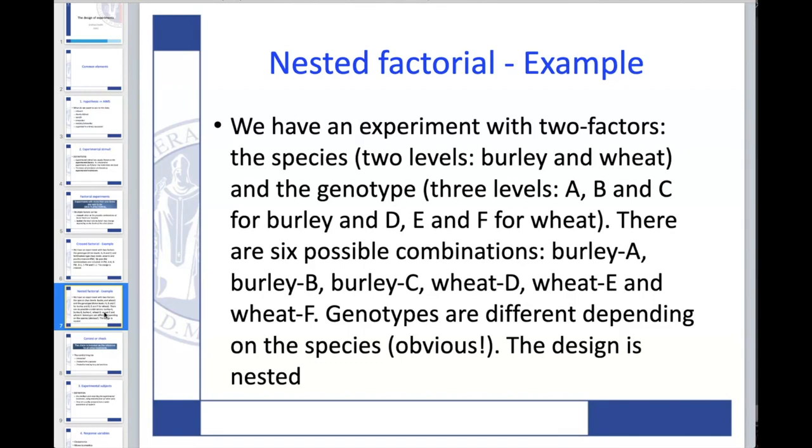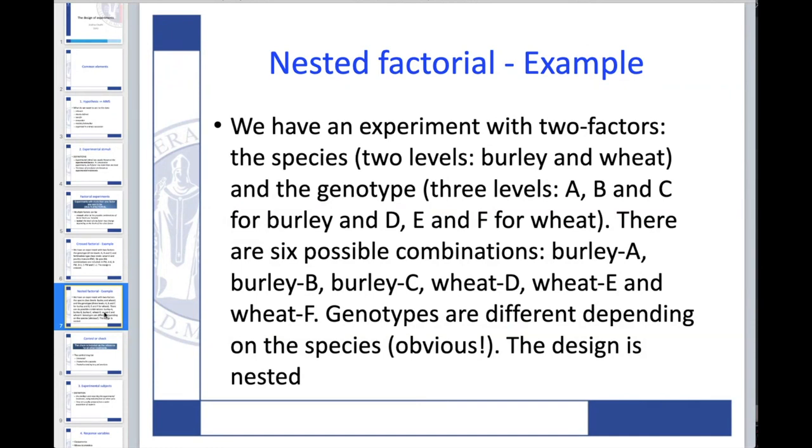So if we want to compare the genotypes, and we have three levels, the levels must be different for these two species. For barley, we have the genotype A, the genotype B, and the genotype C. And for wheat, we have the genotype D, the genotype E, and the genotype F.